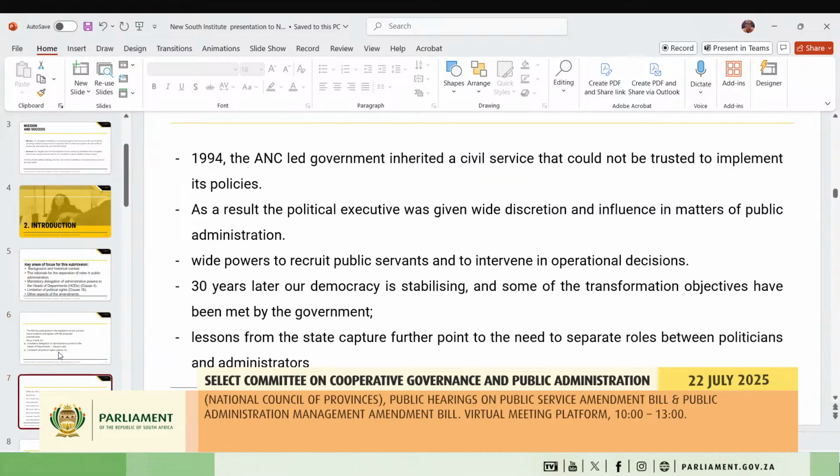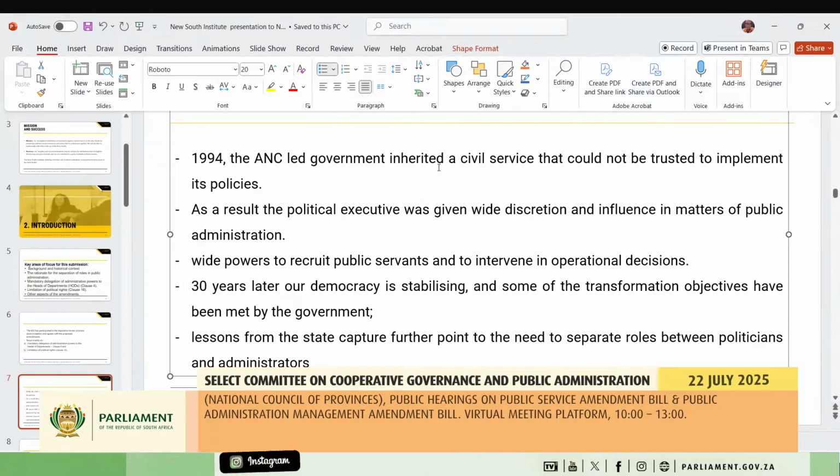In 1994, when the ANC-led government inherited the civil service, there were issues of trust regarding who would champion the policies in the administration. As a result, the political executive at the time was given wide discretion and influence in matters of administration, and wide powers to recruit public servants and intervene in operational decisions.